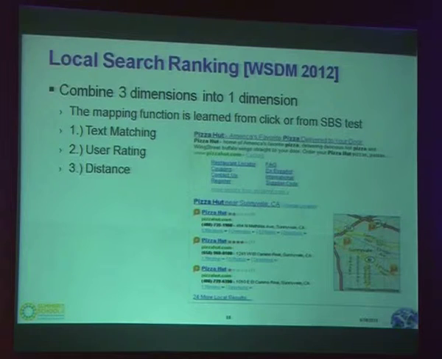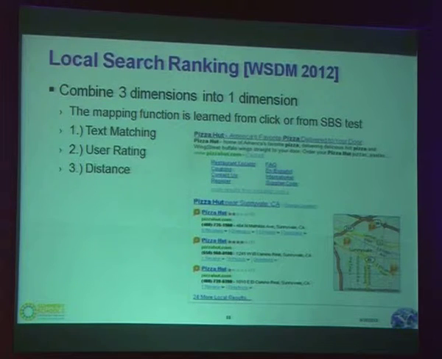But for local, at the beginning we tried to provide some ML models and ranking results, but the users didn't like it. So we spent quite some time to figure out what relevance means for local users. Finally, we found that local users want three almost orthogonal dimensions of need.